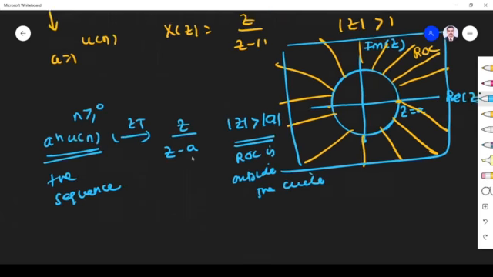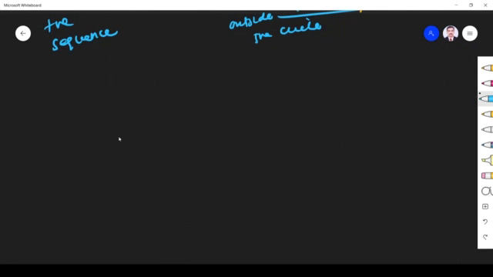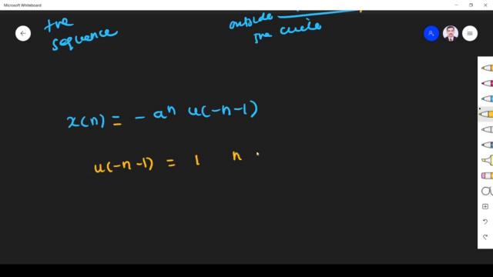Okay. Now we see another signal. For that we find the transform: x(n) = −aⁿ u(−n − 1). Here you see u(−n − 1) exists for n less than or equal to −1 and is 0 otherwise. Why?